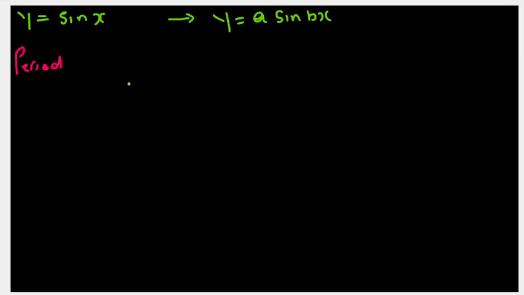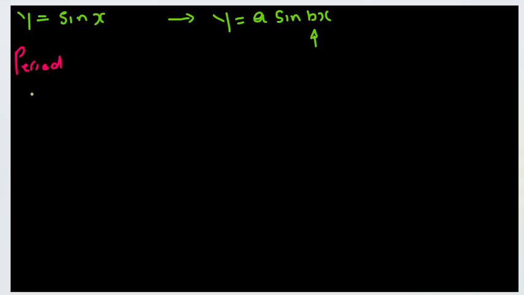Before we have a period, we need to know this. This is a function. It says y equals sine x. But the original function of this graph is y equals a sine bx. We will talk about these values. These values control the shape of the graph, and this one follows the period of the graph. So that's why I want to talk about these values.